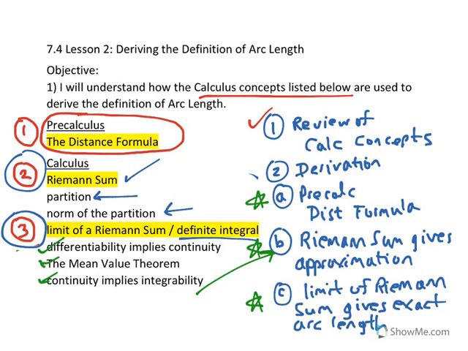And then we take the limit of that Riemann sum as the norm of the partition approaches 0, and that limit, if it exists, will give us a definite integral, which will give us the exact arc length. And of course, that definite integral is the definition of arc length. So that's what we're going to look at now.